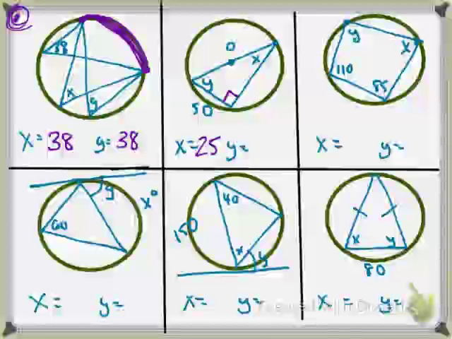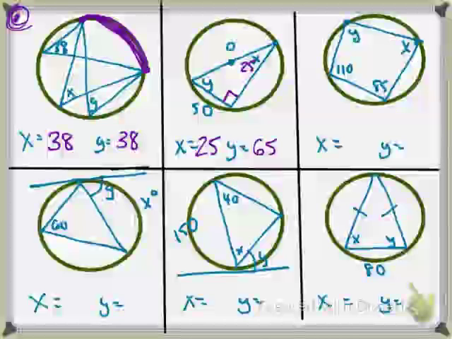A diameter, which creates, when we cut the circle in half, a semicircle. And one of our corollaries said if we have an angle that's inscribed in a semicircle, then that angle is a right angle. So we have a right angle there. So if we know that we have a right angle and x is 25, then how can we find y? It's 65. You add 90 and 25 and subtract that from 180. Yep. Add up what we have and subtract out from 180 inside of that triangle.